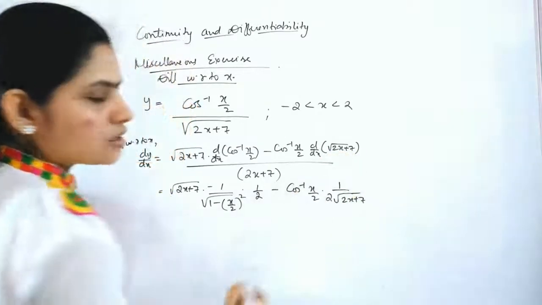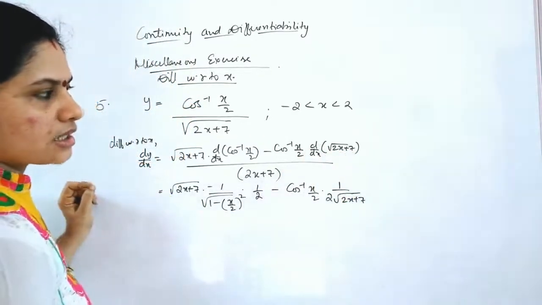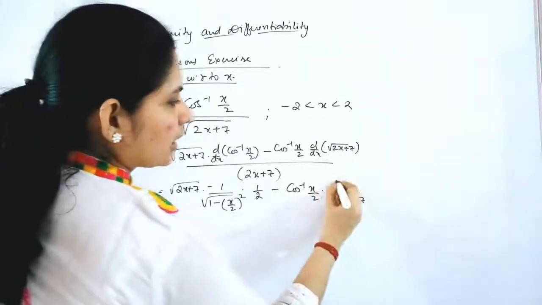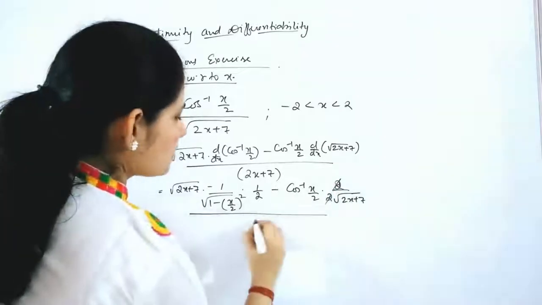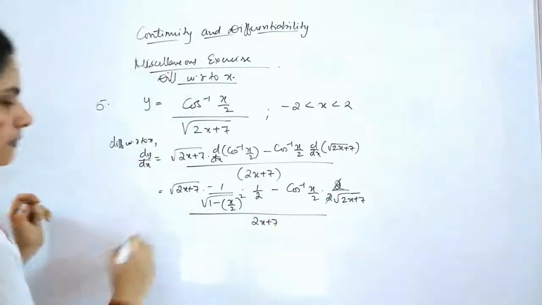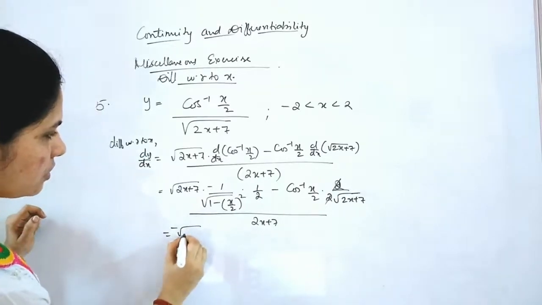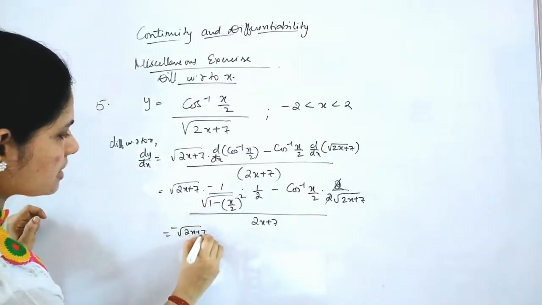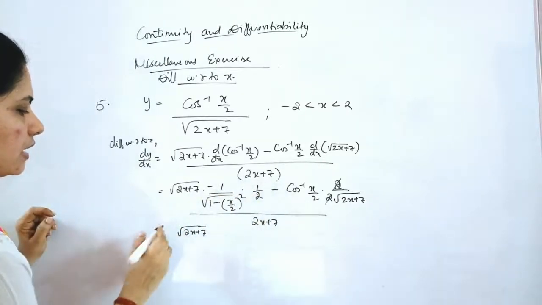Again this is not just root of x, so instead of x you have 2x plus 7, which means derivative of 2x plus 7 will give you 2 again. So that 2 will get cancelled here, whole divided by 2x plus 7. Okay, so you are getting minus root of 2x plus 7.